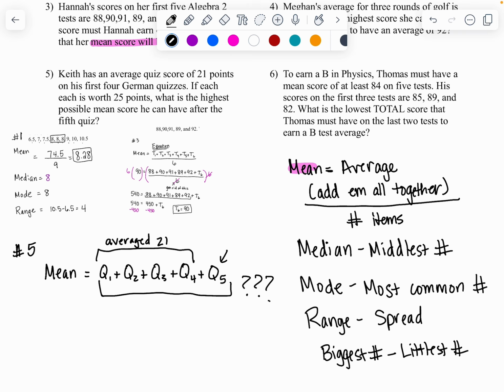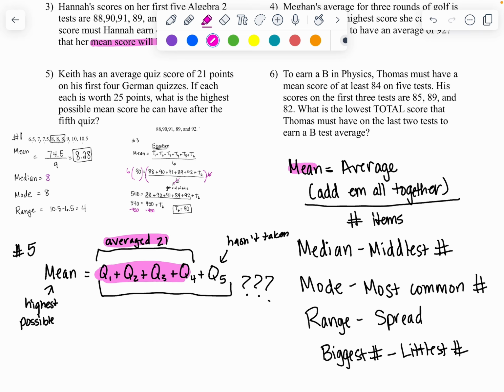And he hasn't taken this one. And they want to know the highest possible. So here's what they want you to figure out: when you average 21, these all can be written as 21.